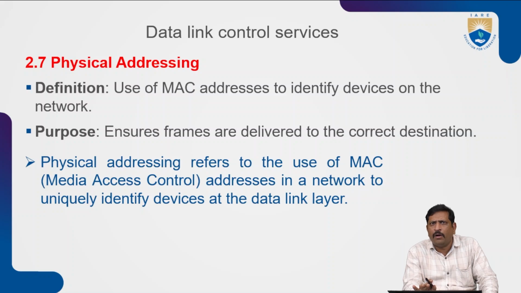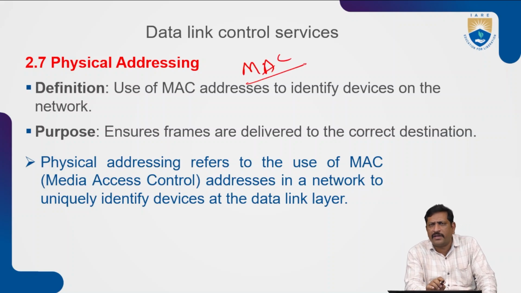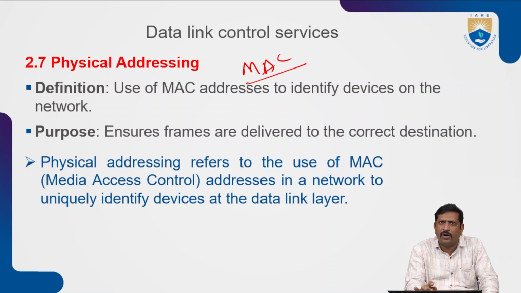Each and every computer or other device has a physical address, which we can also call a MAC address. The manufacturers, the PC and laptop manufacturers, give one unique MAC address to each device. That MAC address we can call a physical address.